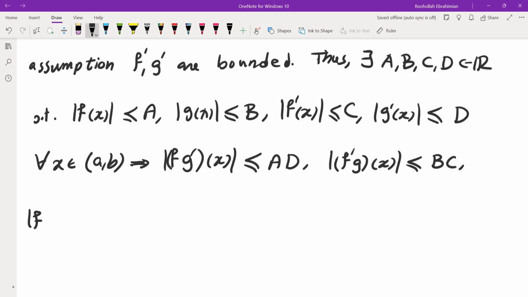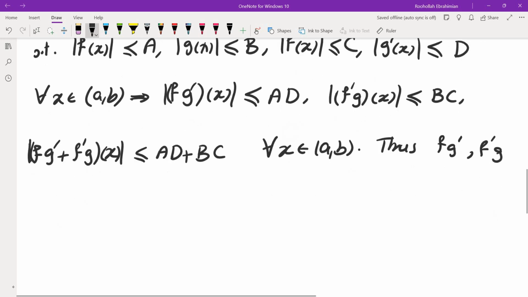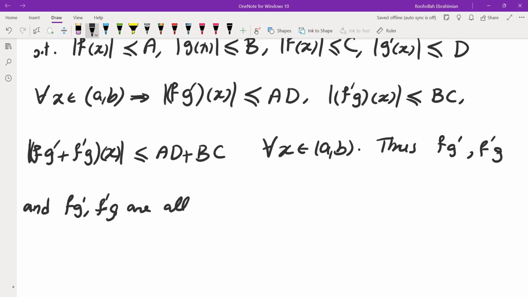And if I look at fg prime plus f prime g at every point by triangle inequality, that would be less than or equal to AD plus BC. This is for every x inside the interval a to b. Thus, fg prime, f prime g, and fg prime plus f prime g are all bounded.